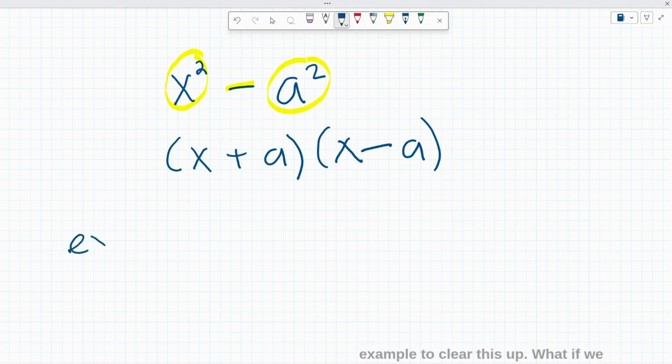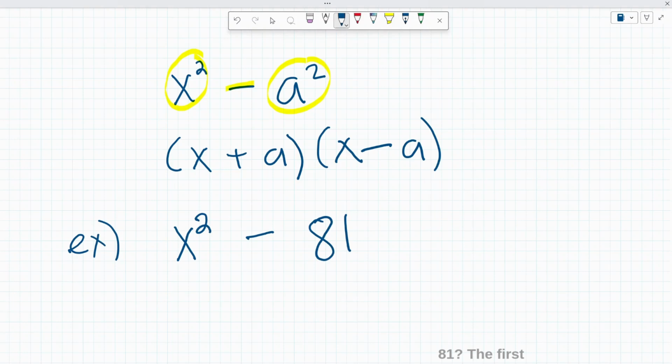Let's look at an example to clear this up. What if we have x squared minus 81? The first thing we have to ask ourselves is, do we have two perfect squares? We see that x squared is a perfect square. And what about 81? 81 is the same as 9 squared.